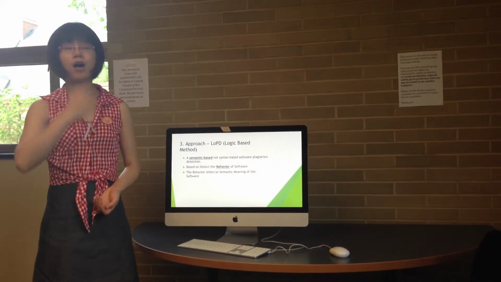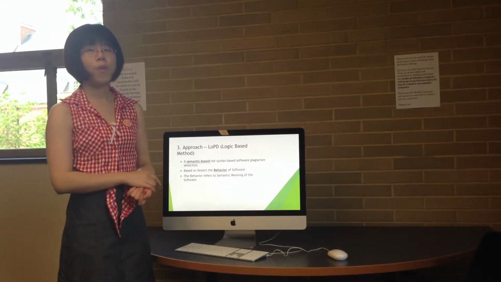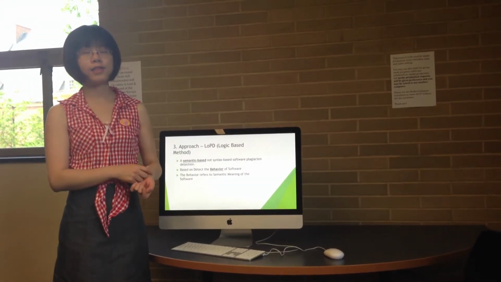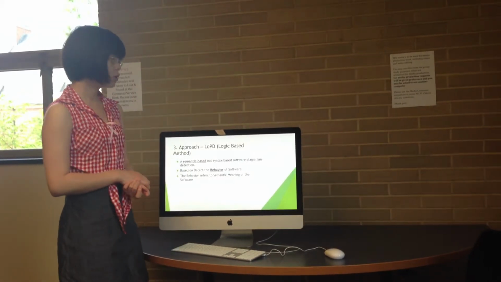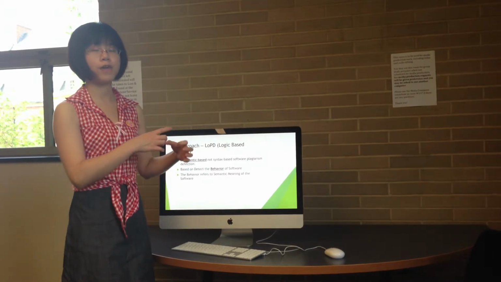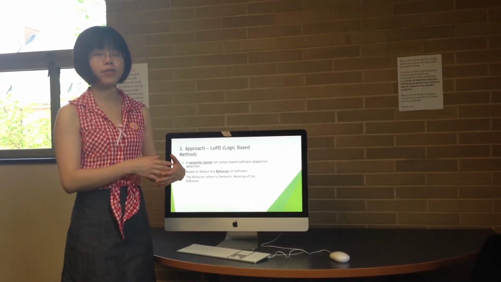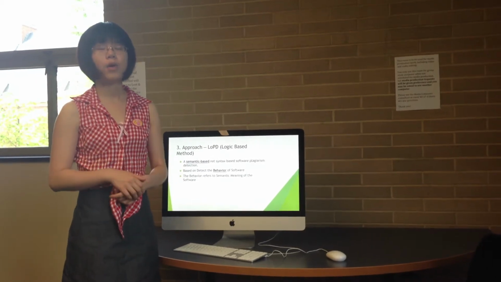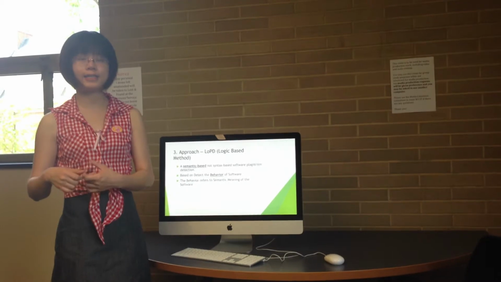I will give you an example. Say there are two programs. One is the plentiful program, and the other is the suspicious program. We try to detect whether the suspicious program actually copied from the plentiful program. We have to get some knowledge about the behavior of the two programs, whether their behavior is the same.